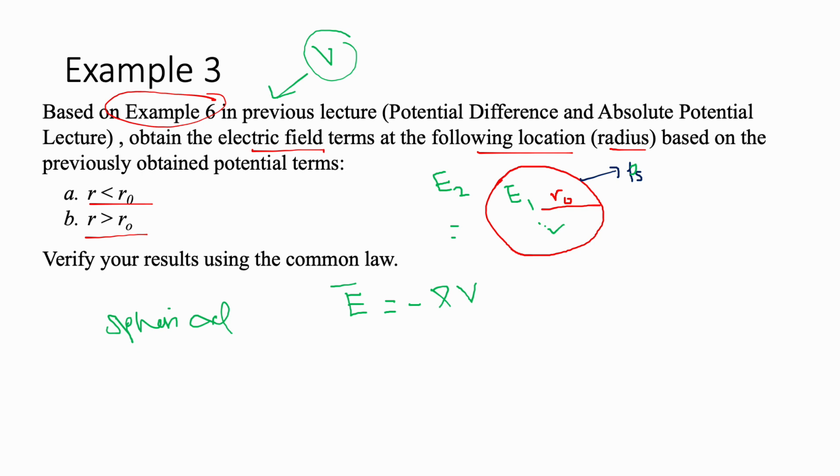You need to determine it when r is smaller than R naught and when r is larger than R naught. I leave this to you because this is a repetition of what we have done before, just a backward calculation method. All right.